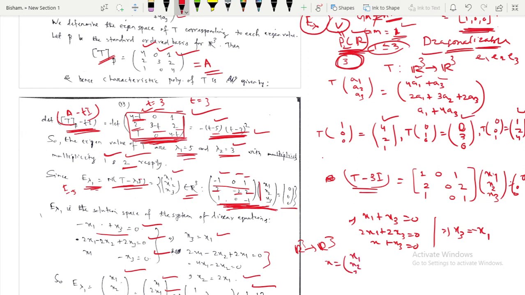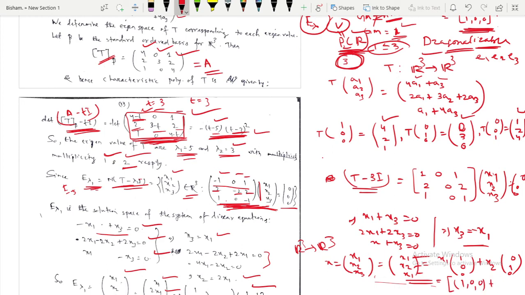This is (x1, x2, x3), where x3 is minus x1, so it is (x1, x2, minus x1). If you take x1 common, it will be (1, 0, minus 1). If you take x2 common, this will be (0, 1, 0). That means I just separated the variables. So what are the vectors you get here? One is (1, 0, 0).